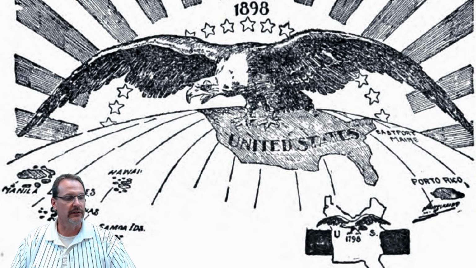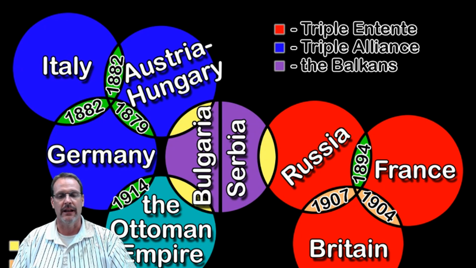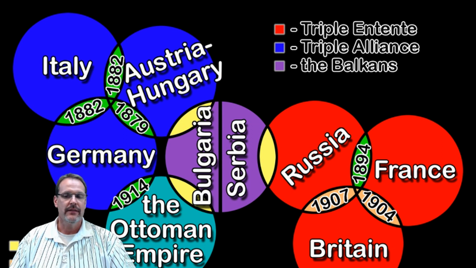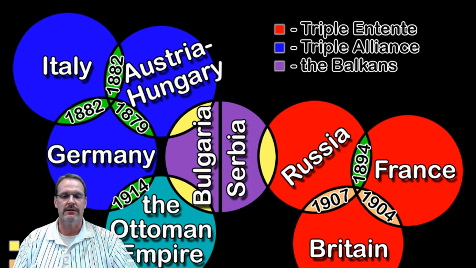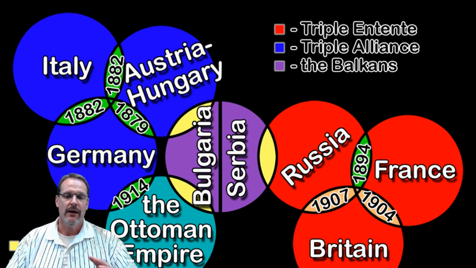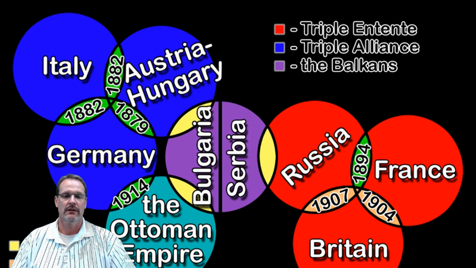So imperialism. The next thing I want to really look at and focus on is the alliance system. So I'm going to close this down and bring up the alliances. Now, the alliances that were formed by European nations trying to jockey for protection based upon their geographic location.